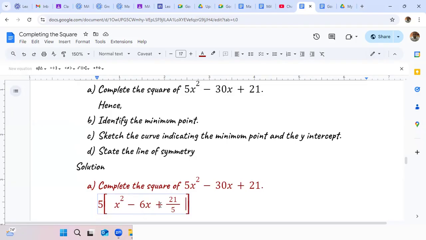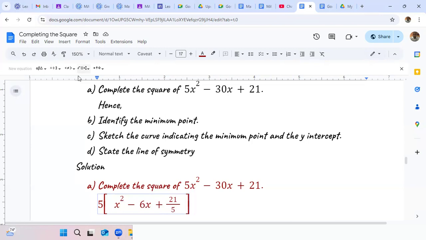This is the same 5x squared minus 30x plus 21. Because if you multiply by 5 again, the 5 can come back in front of the x squared, 5 times negative 30, and 5 by 21 over 5, the 5 cancels out, you get back your 21.